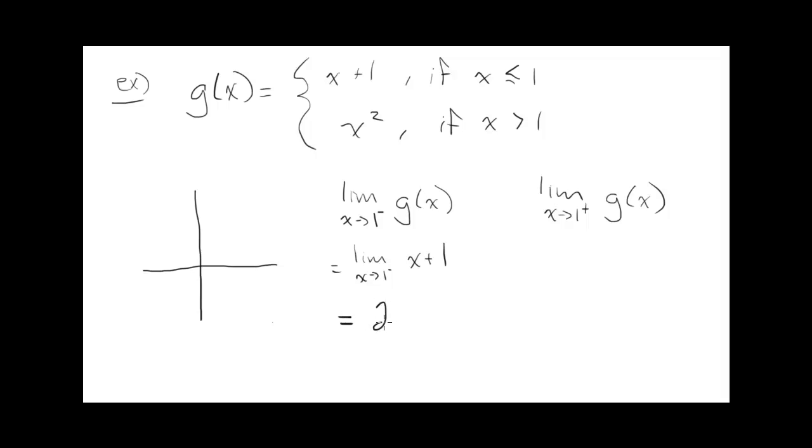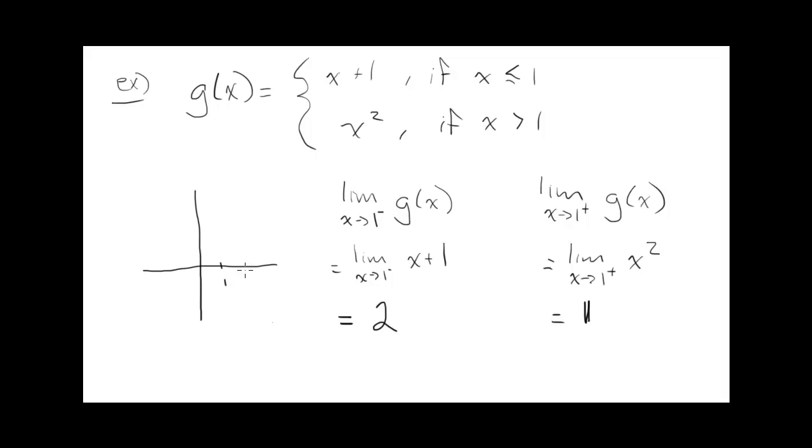And then hopefully you can see that that was equal to 2. And then do the same thing for this one. But now we're traveling to 1 from numbers bigger than 1, so that would be this piece, right? Because x is a little bit bigger than 1. So g of x would be x squared for that, and then this would be approaching 1.